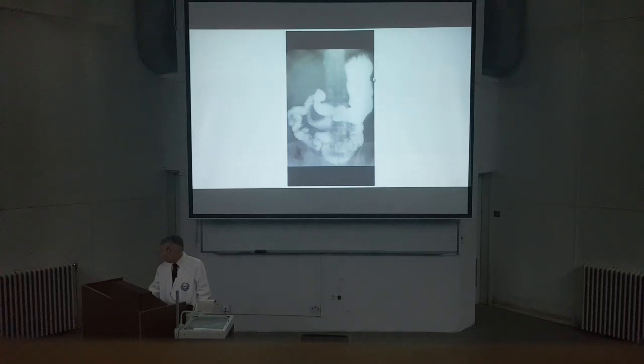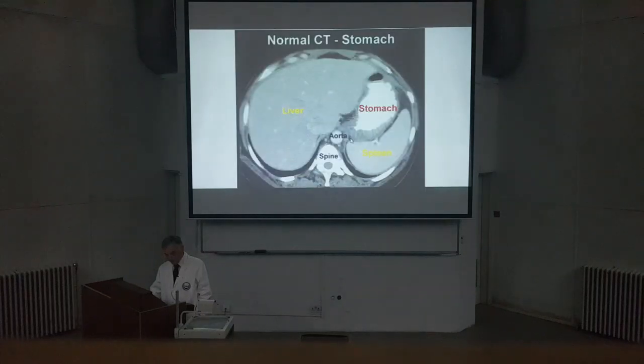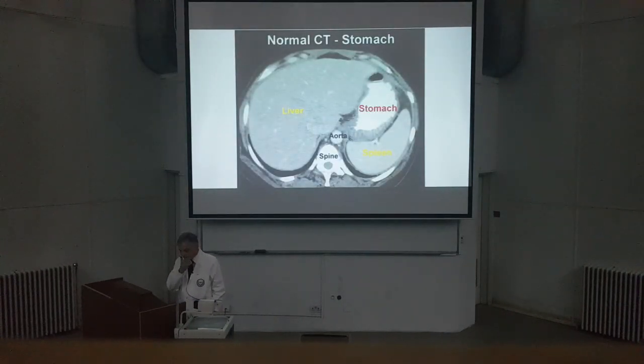Again, when you give more barium and you wait, the barium will fill the stomach and then fill the duodenum and go to the jejunum. This is a CT scan of the upper abdomen, where you can see this is the liver, stomach, and spleen.